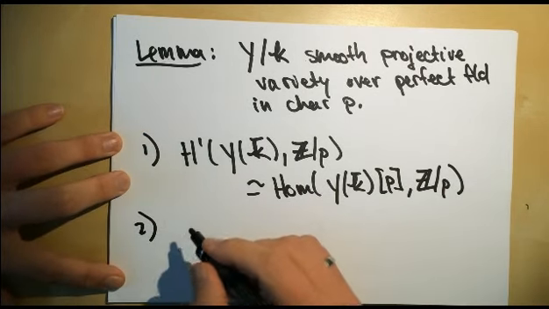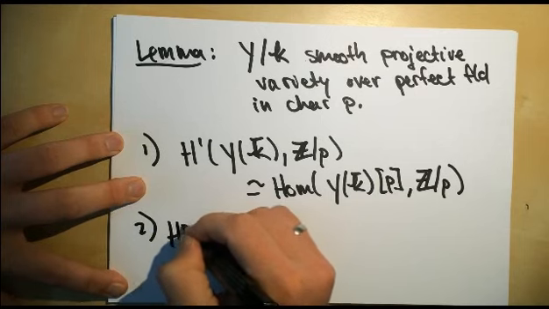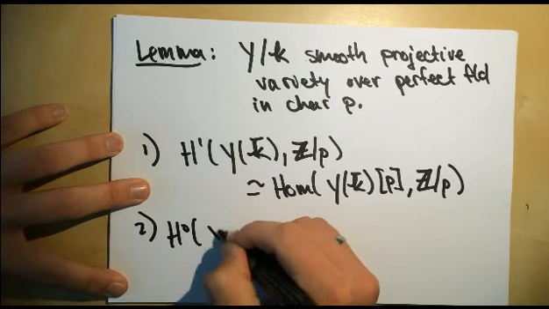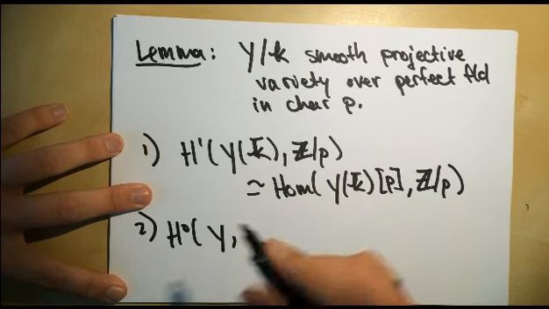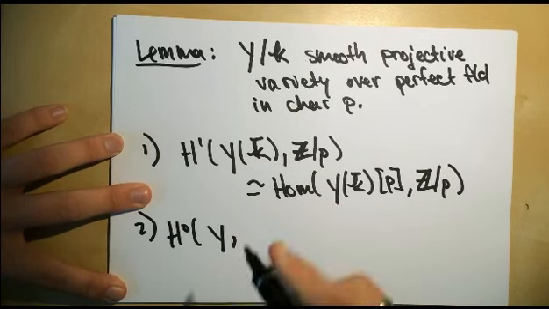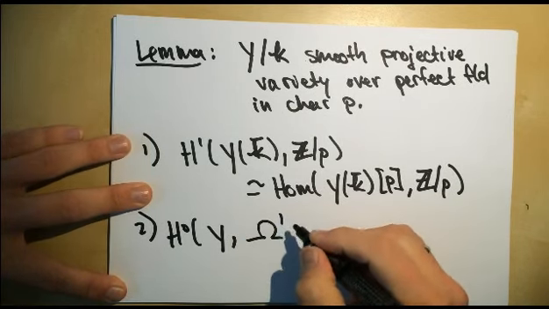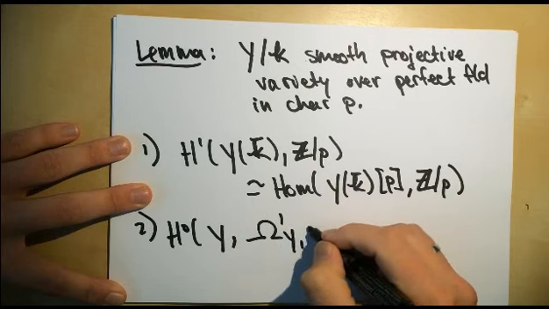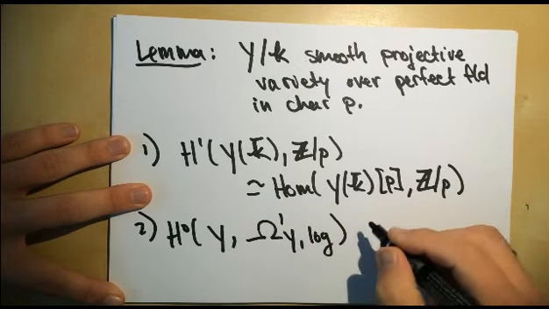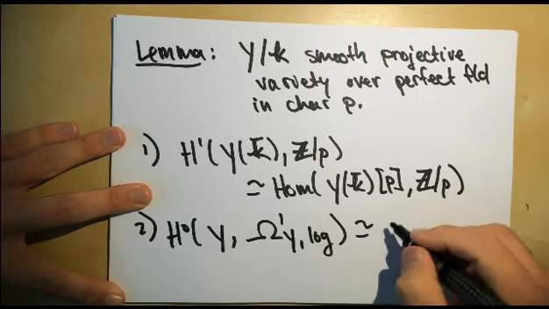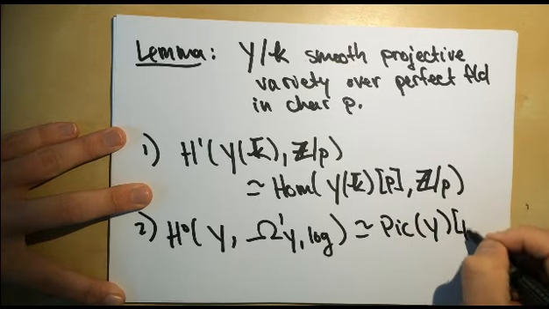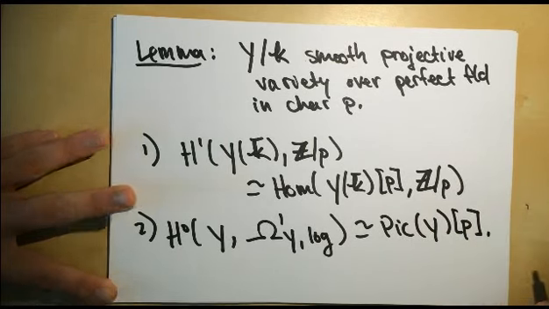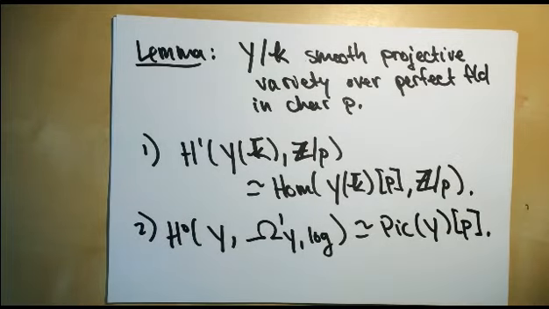And then the second thing I wanted to show is that H^0(Y, Omega^1_{Y,log}). So these logarithmic differentials are actually the p-torsion of the Picard variety. So I want to prove these two things.